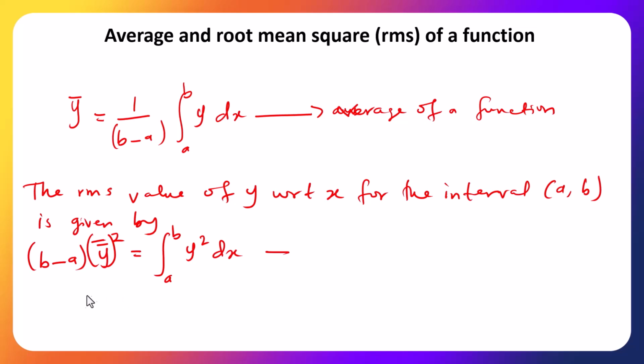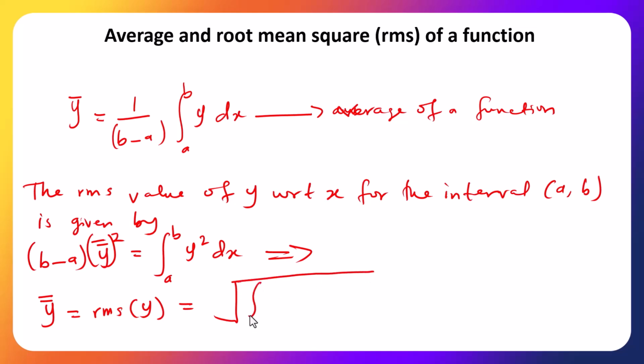This implies that y bar bar, which is equal to the RMS of y, is equal to the square root of the integral from a to b of y squared dx divided by b minus a.